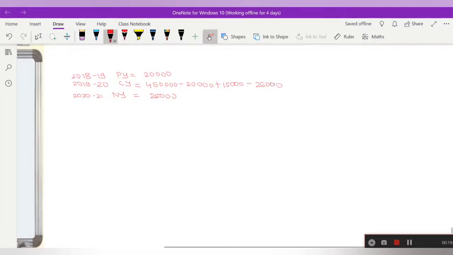Next, the subscription received for the year ended 31st March 2020 includes advance received for the year ended 31st March 2019 amounting to rupees 18,000, right? So 18,000 should be added now. They were received in the last year, pertaining to which year? Current year. So they should be added now, right?